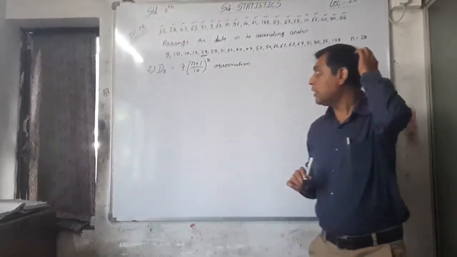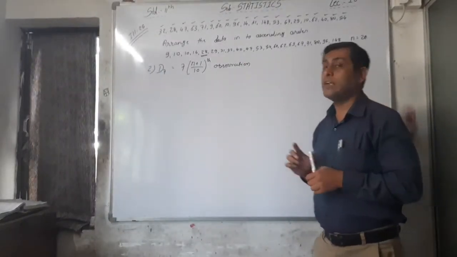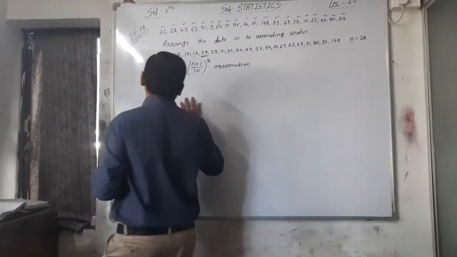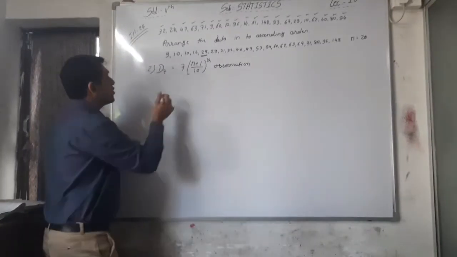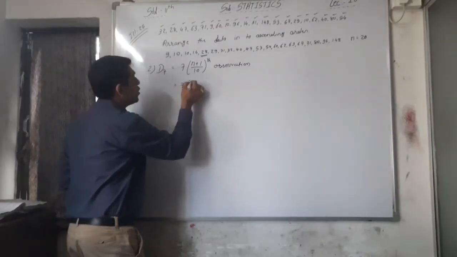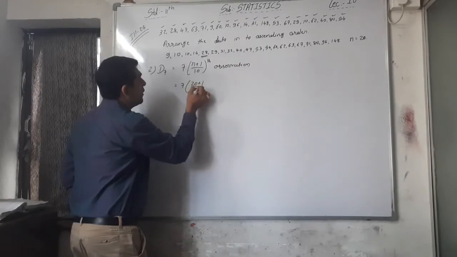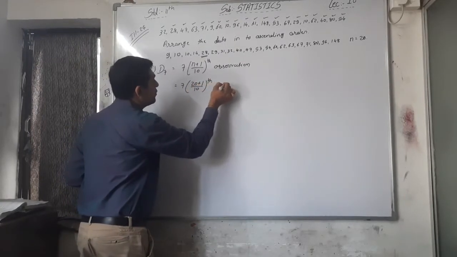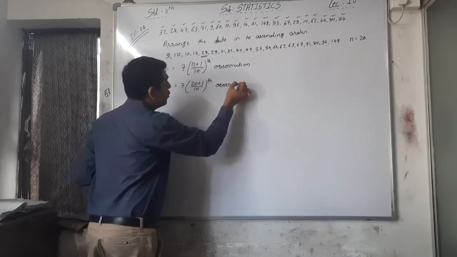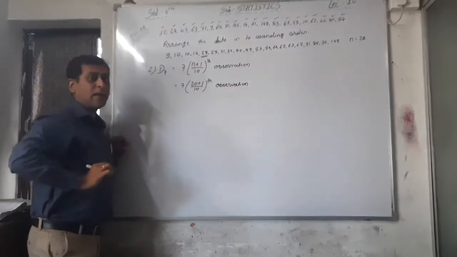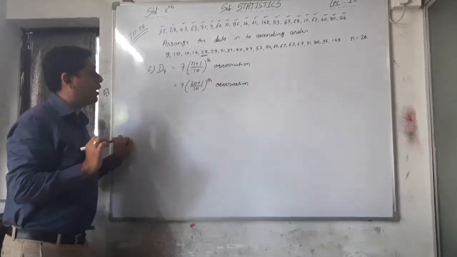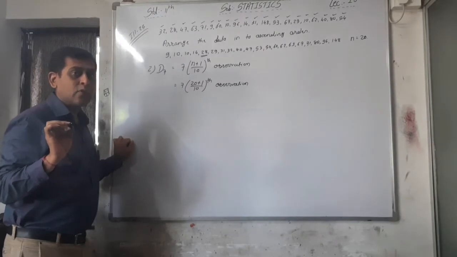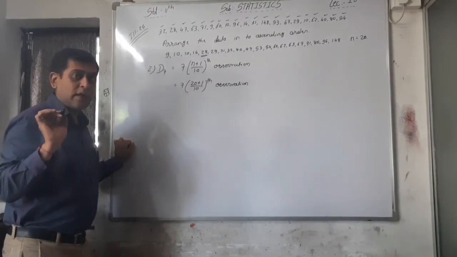So D7 is equal to 7 into n plus 1 by 10th observation, equal to 7 into 20 plus 1 by 10th observation. If you don't understand the formula, you can understand it in practice. Just remember the formula, nothing else.